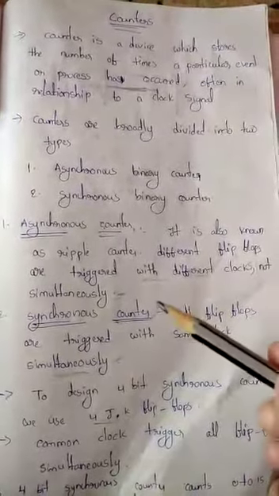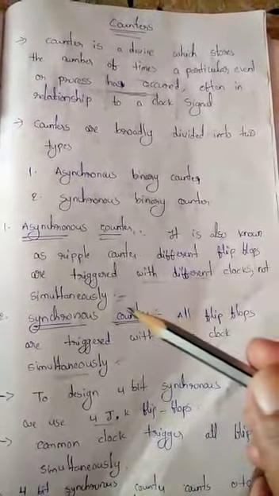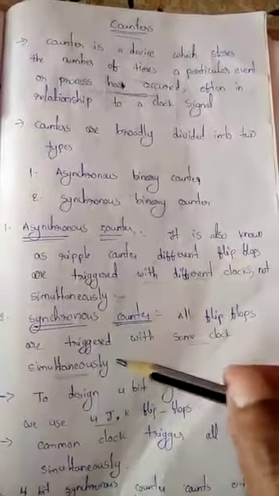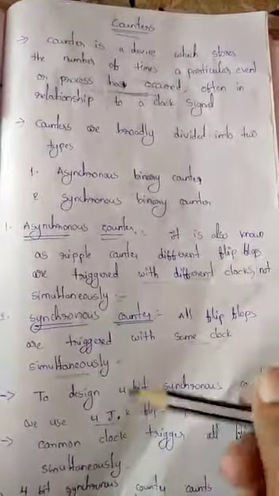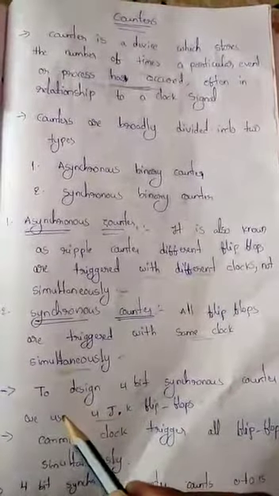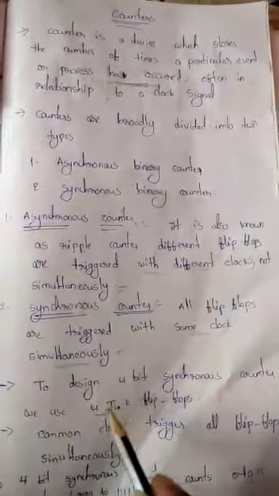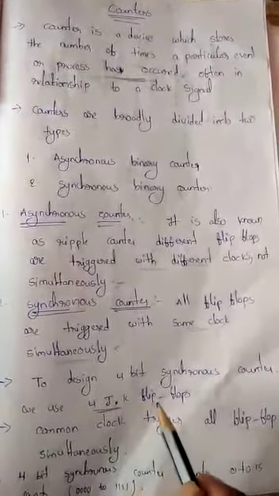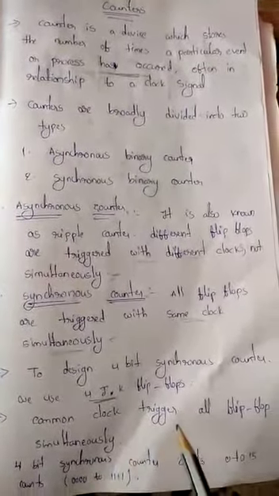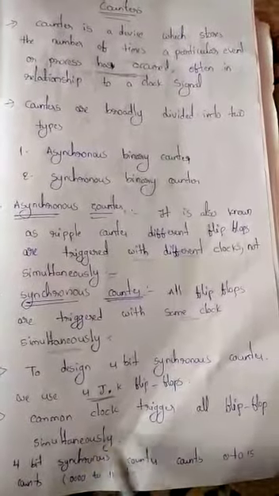In the last video, the asynchronous counter was completed. Now we discuss the synchronous counter. In this video we design the 4-bit synchronous counter. To design a 4-bit synchronous counter we use 4 JK flip-flops, with a common clock triggering all flip-flops simultaneously.